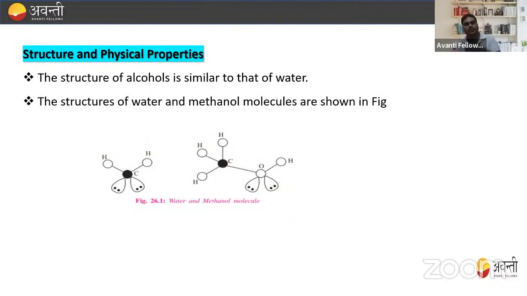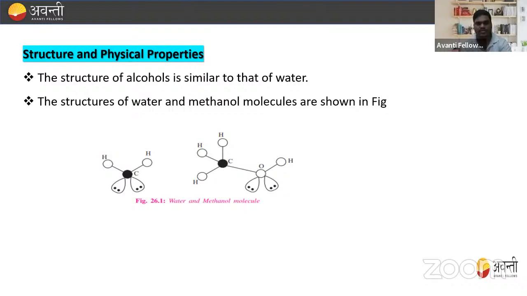Now, let's see the structure and physical properties of alcohol. What are the important structural and physical properties of alcohol that we are going to study? The structure of alcohol is similar to that of water. The structures of water and methanol are shown in the figure.